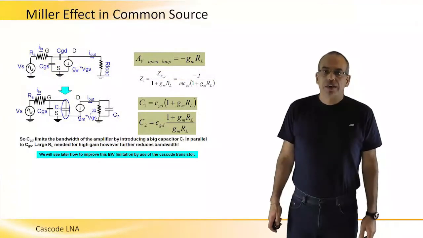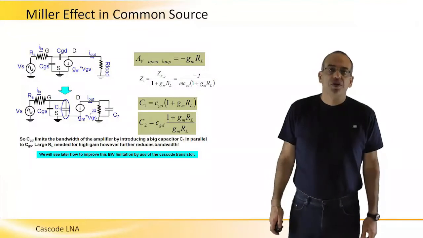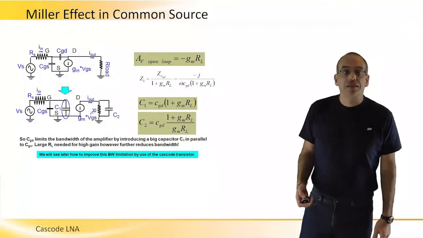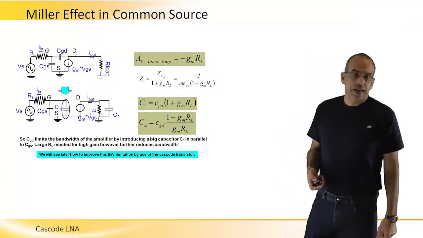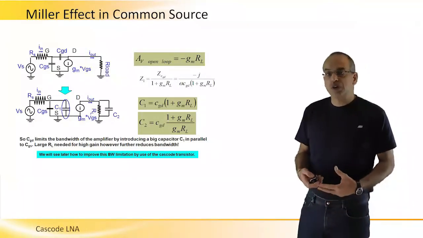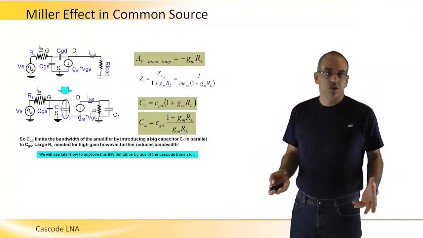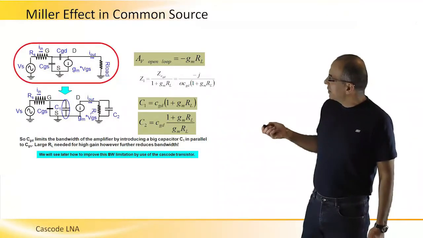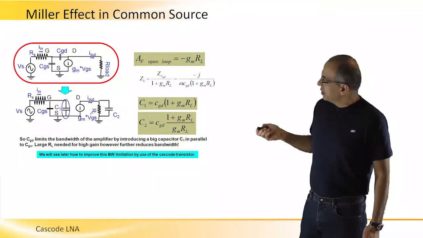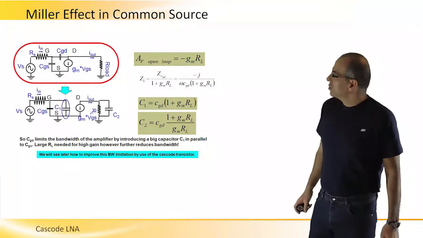Okay, now we are ready to use the Miller theorem in the analysis of a simple common source amplifier, the way you can usually find in analog design books. So here we can find a simple common source topology.